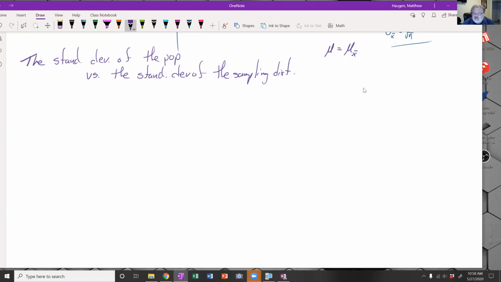But the standard deviation of the sampling distribution of means isn't equal to the standard deviation of the population, sigma. It's equal to the standard deviation of the population divided by the square root of the sample size. So they're different. When we write it out in notation, we can see that sigma x bar.